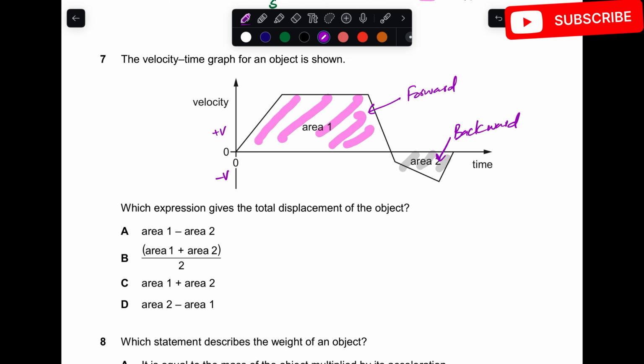So this area is showing the distance in the forward direction, and this is showing distance in the backward direction. So the displacement will be the difference of these two areas. So it will be option A, that is correct.